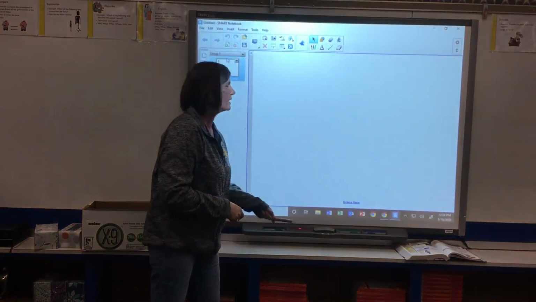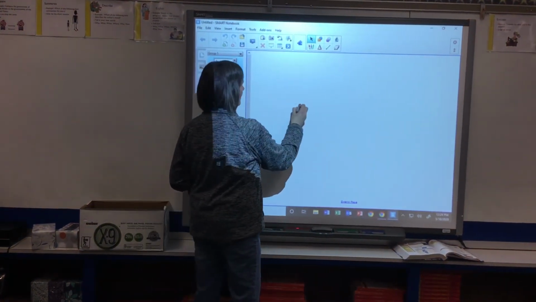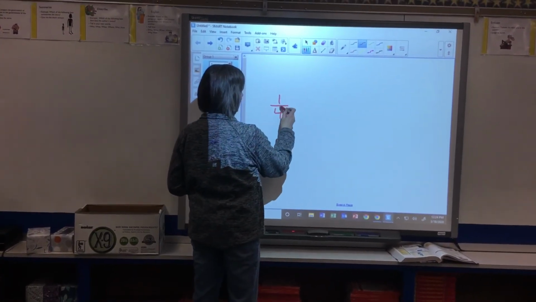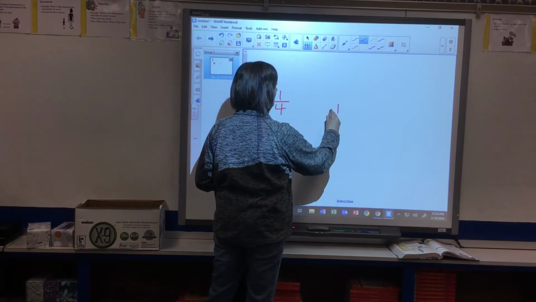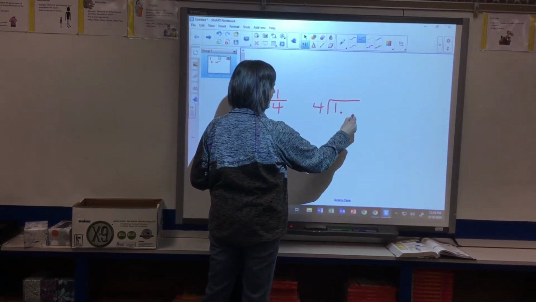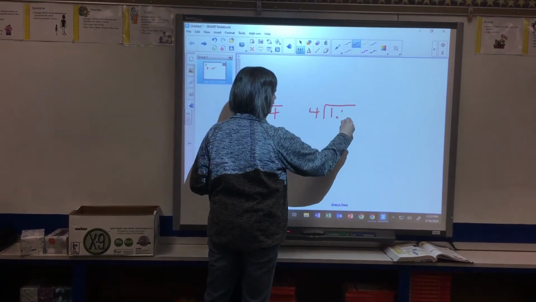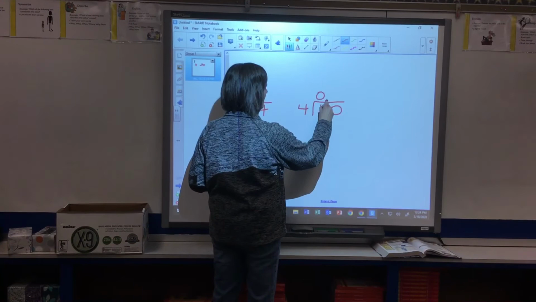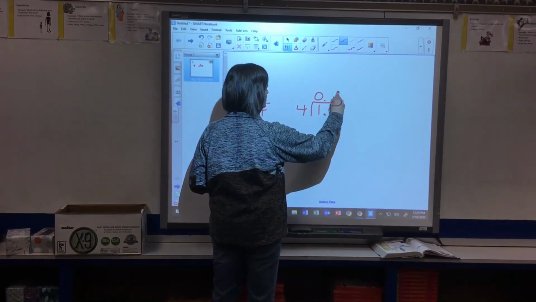I'll show you on the board here. If you have 1/4, you take the top number and divide it by the bottom number, 1 divided by 4. Now remember, 1 is the same as 1.0, and then we add a decimal after it with a 0. 4 doesn't go into 1, but it does go into 10 2 times.